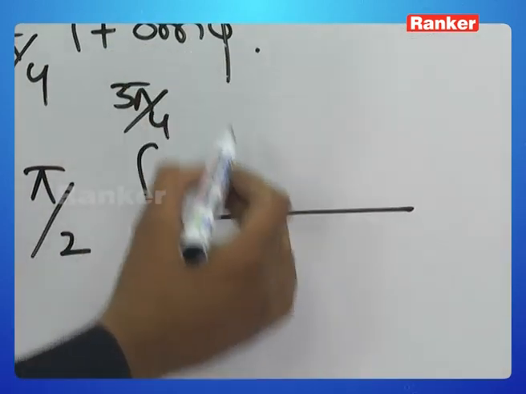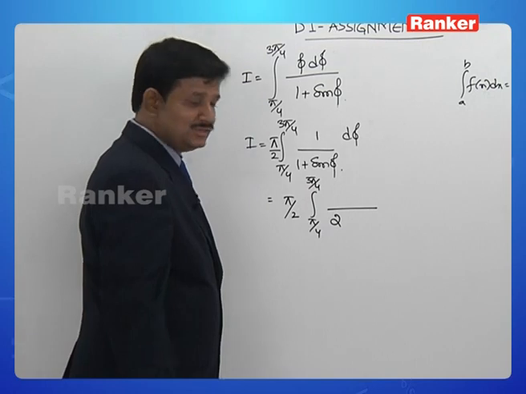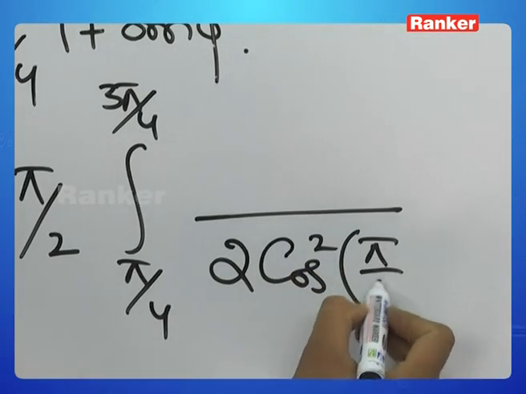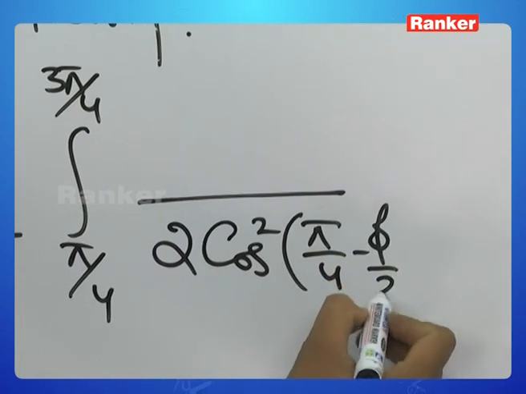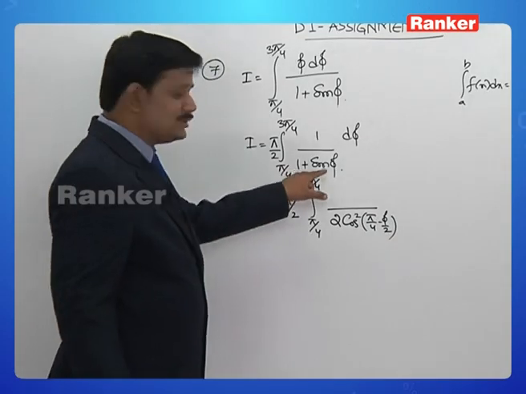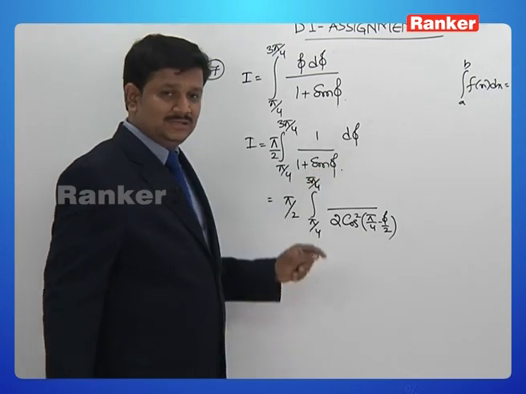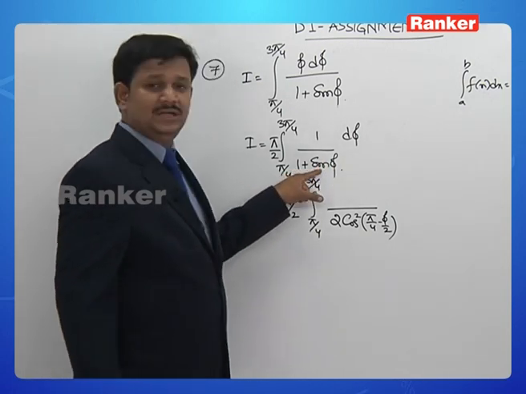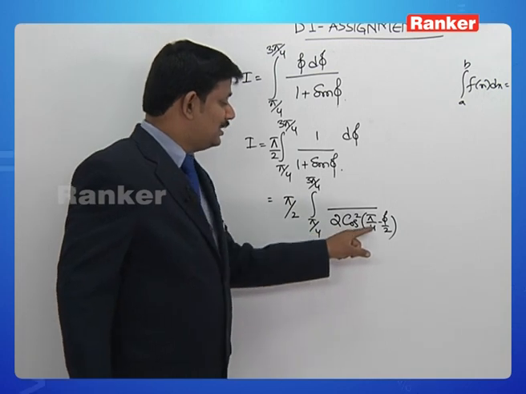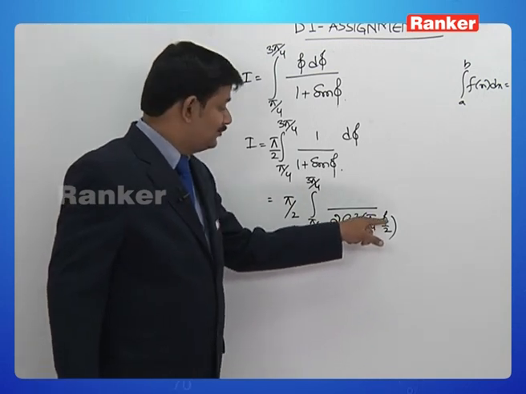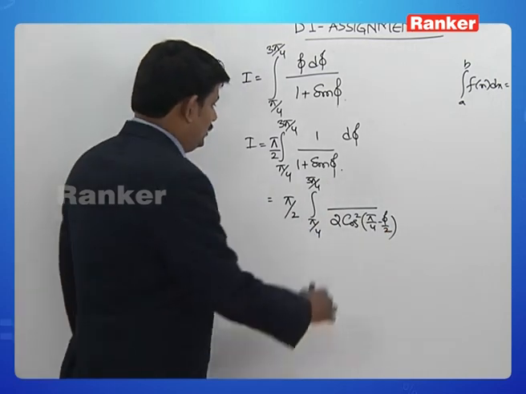So, 1 plus sin phi can be written as 2 cos square of pi by 4 minus phi by 2. So, we have pi by 2 into 1 by 2 cos square of pi by 4 minus phi by 2 d phi.